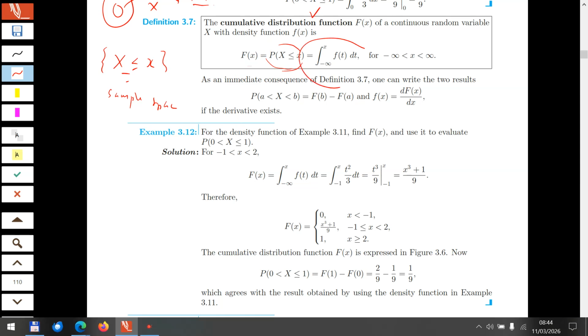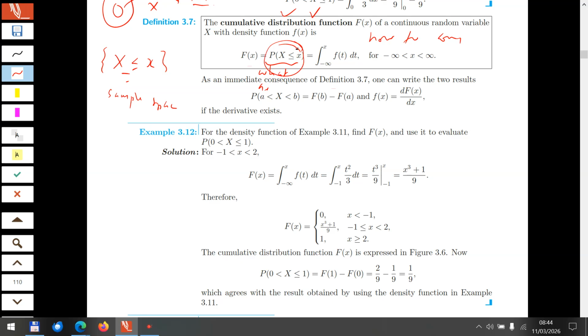So this part tells you how to compute, and this tells you what we are talking about. This is still a CDF, and CDF doesn't care how you compute it. So this definition is not a computation.